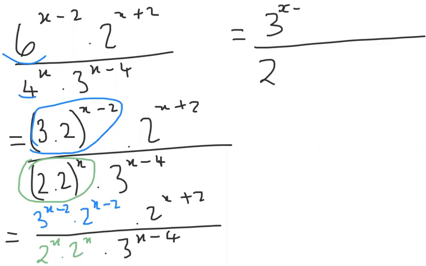There's another 3, but the 3 is at the bottom. And if the 3 is at the bottom, you're going to say minus x minus 4. So don't forget about that. All right. Let's do the 2. So there's a 2 on top, x minus 2. There's another one, x plus 2, and here at the bottom.